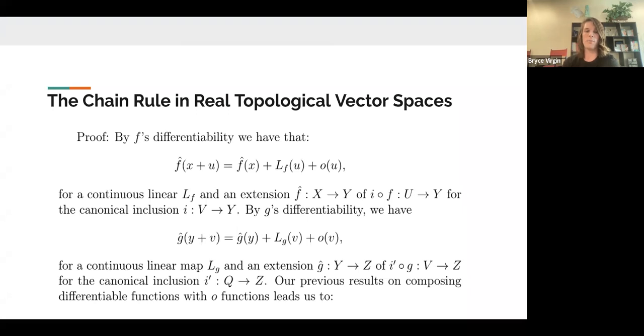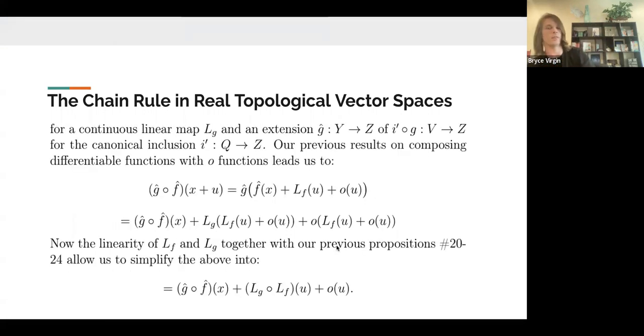So now what we can do is insert this fellow up top into G hat and start using the fact that we know how G hat treats sums like this. So onto the next slide. So I've inserted F hat at x plus u into G hat, and then used our knowledge of what F hat at x plus u can be represented as by its differentiability, its linear approximation plus some small error function.